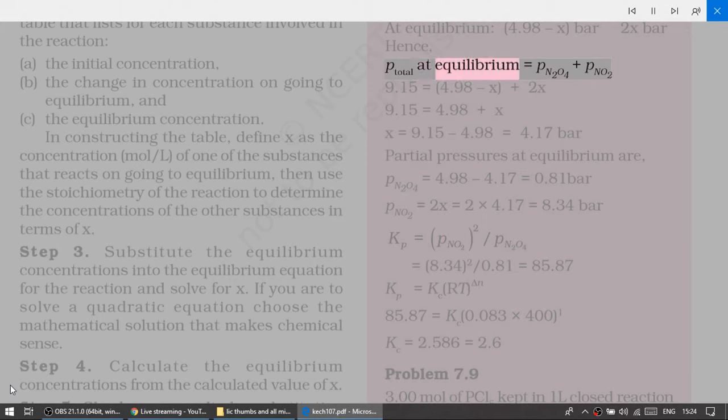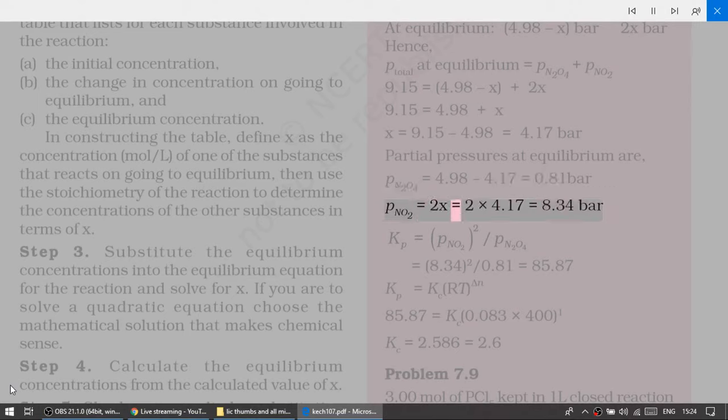Hence total pressure at equilibrium = PN2O4 + PNO2, so 9.15 = 4.98 - x + 2x, 9.15 = 4.98 + x, x = 9.15 - 4.98 = 4.17 bar. Partial pressures at equilibrium are PN2O4 = 4.98 - 4.17 = 0.81 bar.